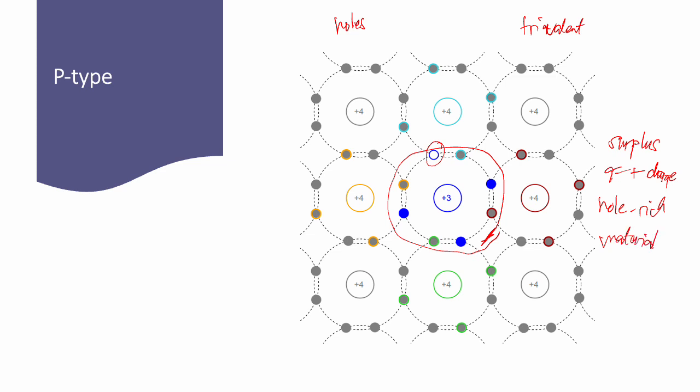And remember, holes are essentially vacancies in the valence band where electrons could have been. So when an electron moves from one atom to another, it leaves a hole behind. Meaning this is where an electron could have been, but the electron jumps to another level.